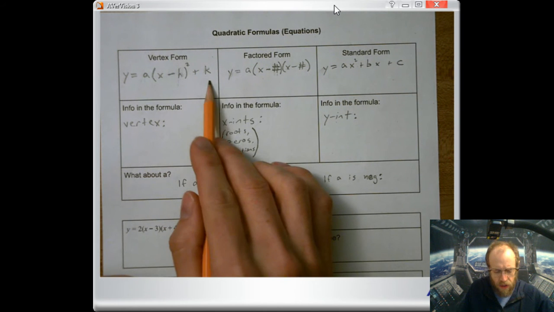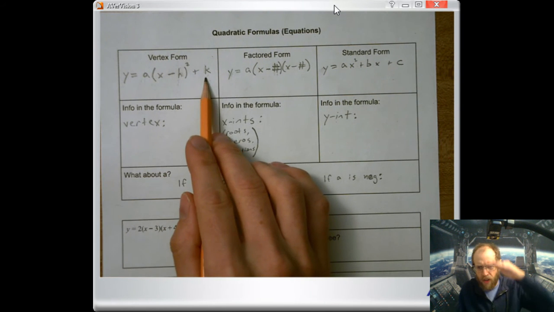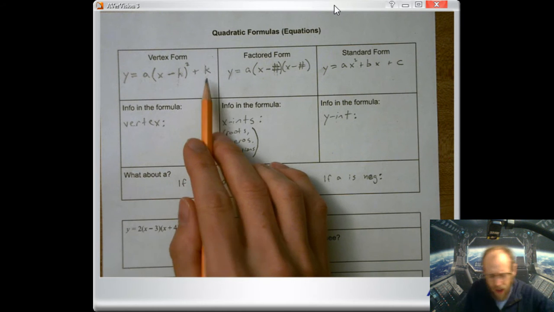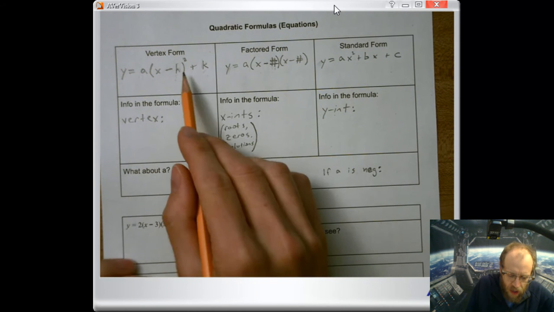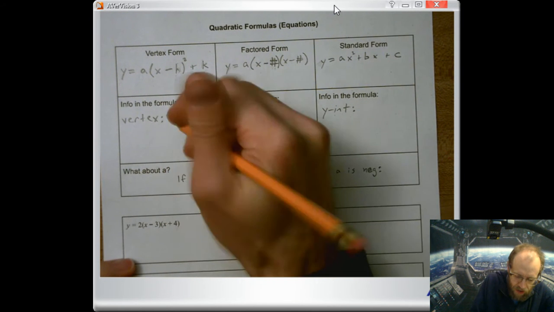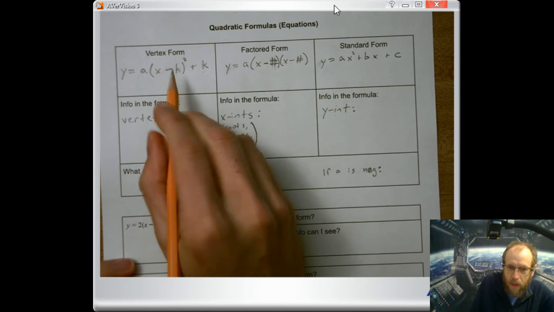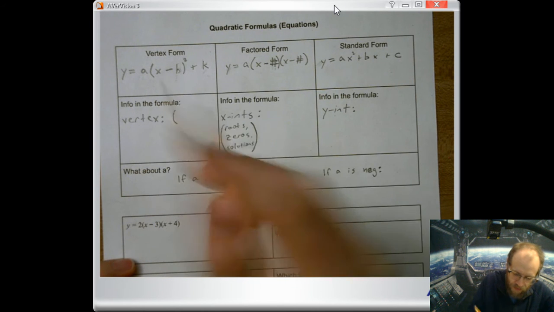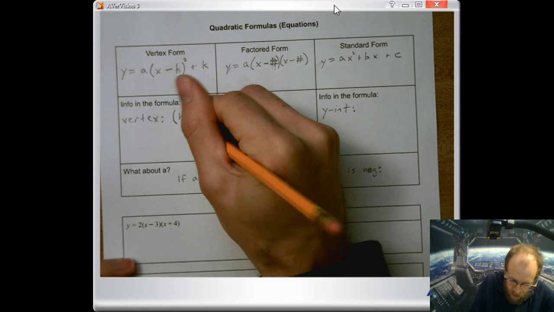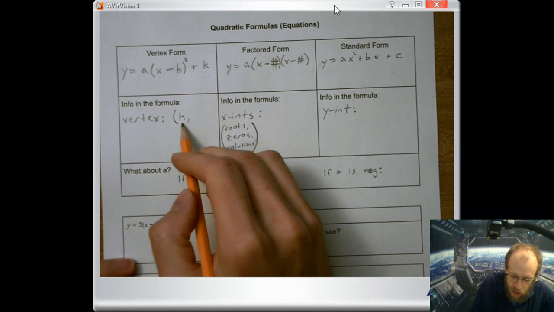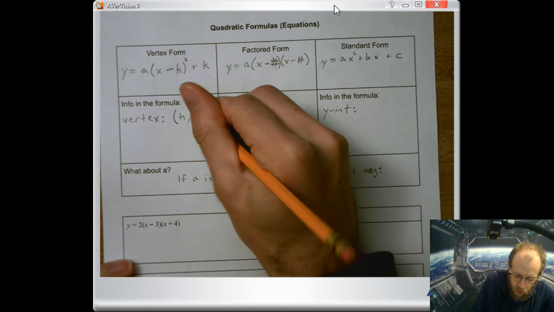And this number right here is moving our equation up and down. And in particular, if we track the vertex, it ends up being located at, so this number is going to be its x value, and this number is going to be its y value.